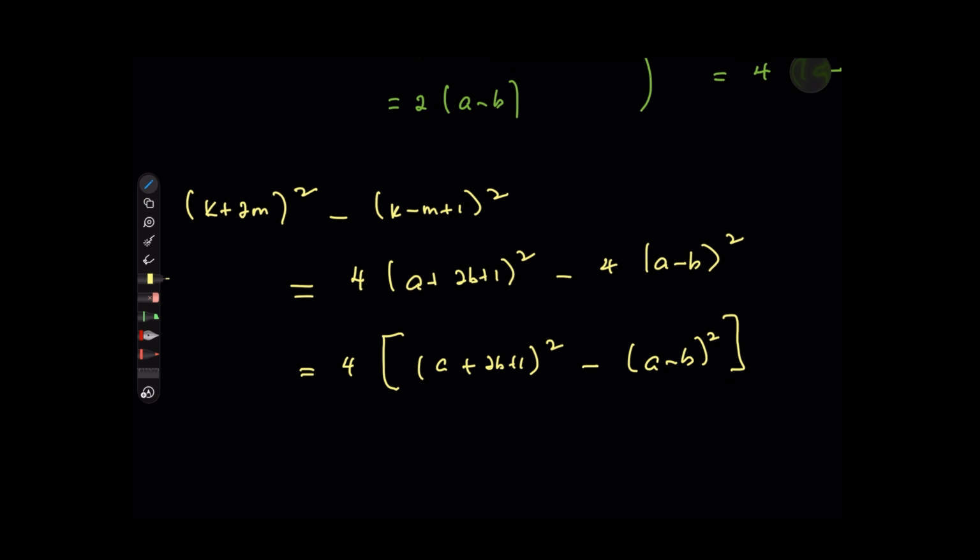I don't need to expand out this nor this, because the question asks to show that it is divisible by 4, and I have some integer a, so I actually have to write a little statement now.